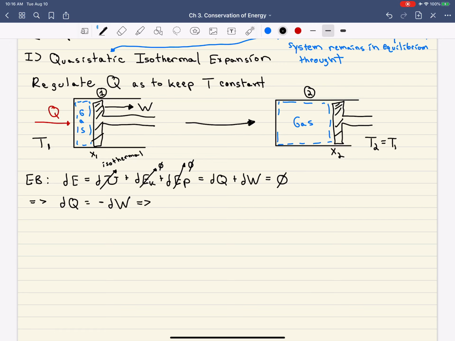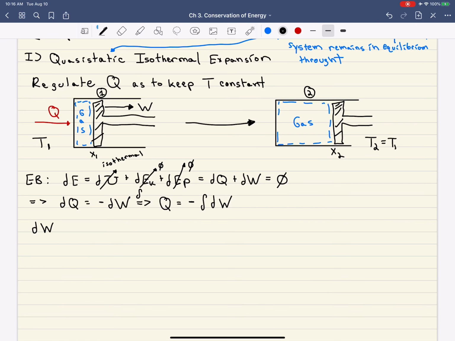And then if we took some sort of integral, we would have Q is equal to the negative integral of dW as well. Okay? And so that's just what we get from the energy balance. But now, at this point, in order to get a more quantitative and precise understanding of what the heat required for the system is, we could start applying our definition for work.